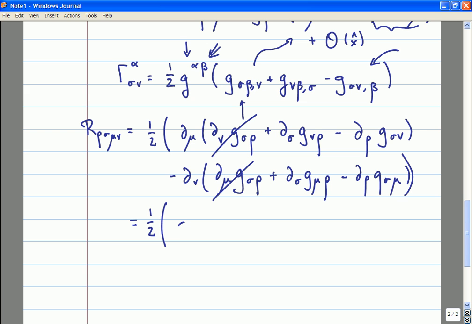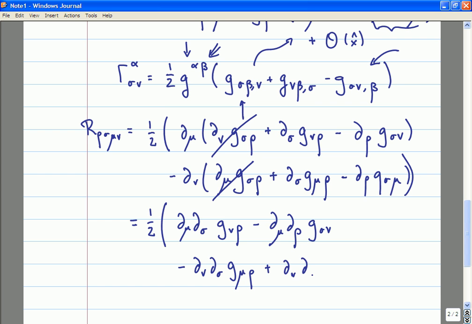So we have d mu, d sigma, g mu rho, minus d mu, d rho, g sigma nu, minus d mu, d sigma, g mu rho, plus d nu, d rho, g mu sigma, plus terms that will vanish at the point x equals 0.